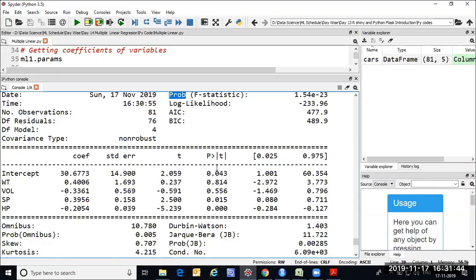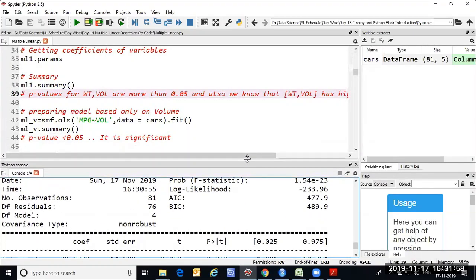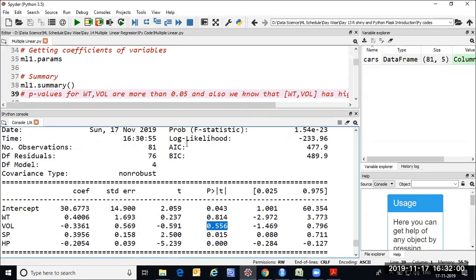How do you check? The P values. Weight and volume are not significant. Alongside this, you will get the AIC value and BIC value as well, Akaike information criterion and Bayesian information criterion.